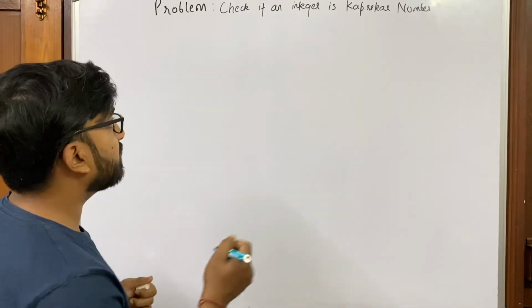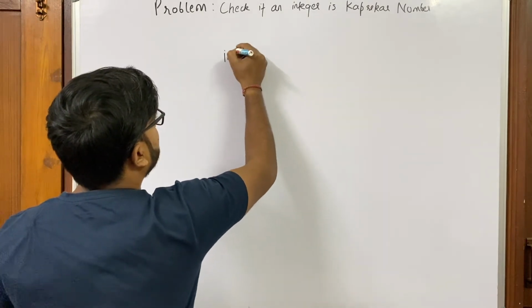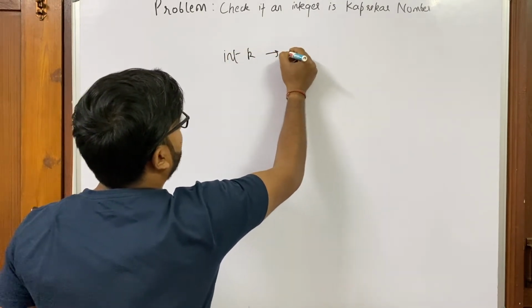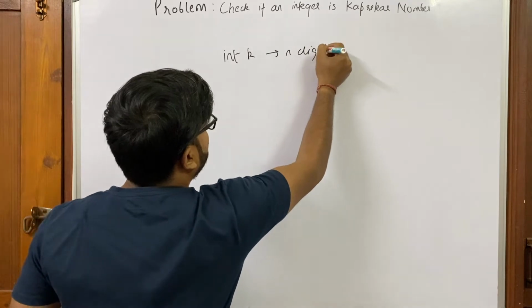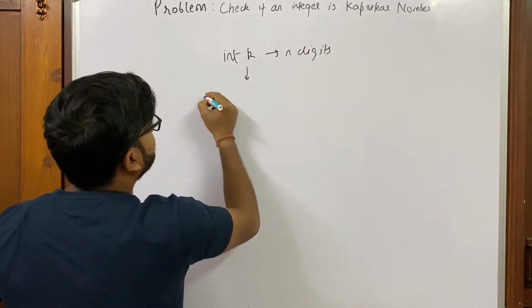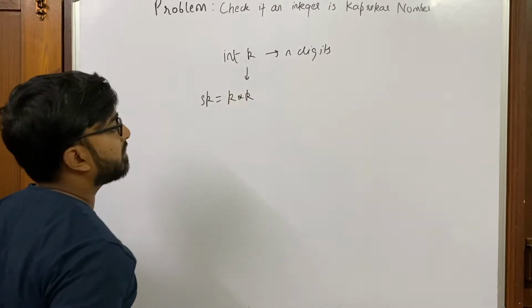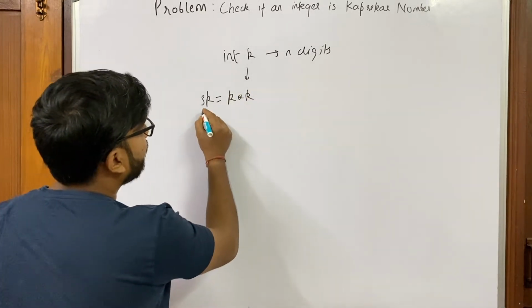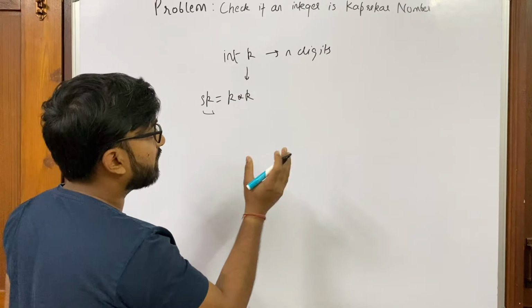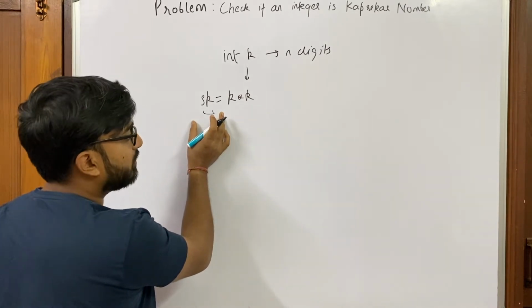So what is a Kaprekar number? Suppose we have an integer k of n digits. We square this integer, so the square of k is k into k. You separate the digits of the square of k into two halves.